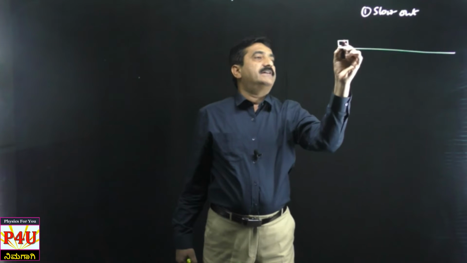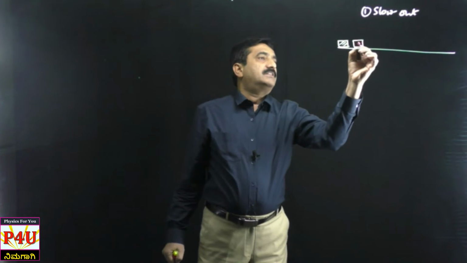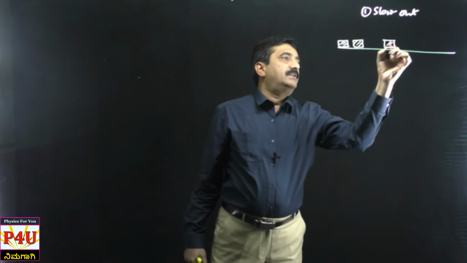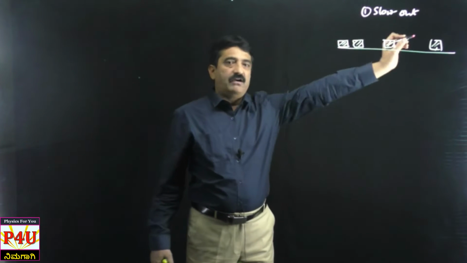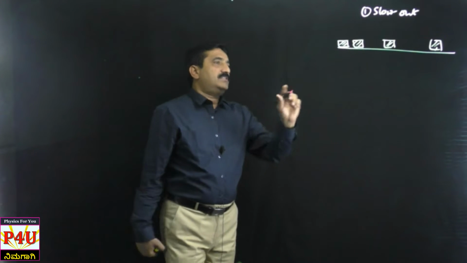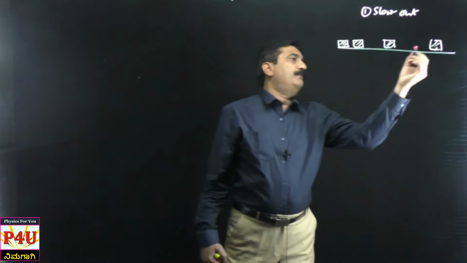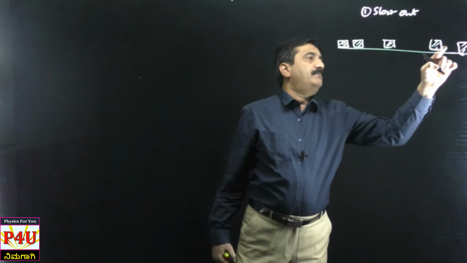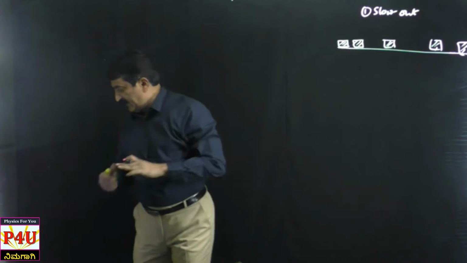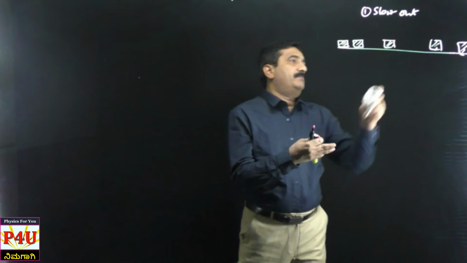Initially car is here, so this is my first frame, and gradually its spacing increases. This is my second frame, next this is my third frame, and this is my fourth frame, and so on. You can even have fifth frame also. For the sake of explanation, I take only 4 frames. Okay, let me put one more frame, that is the fifth frame. But remember, the spacing is not uniform here.